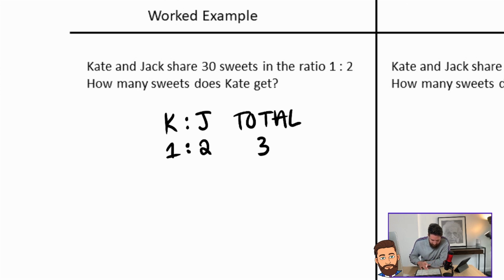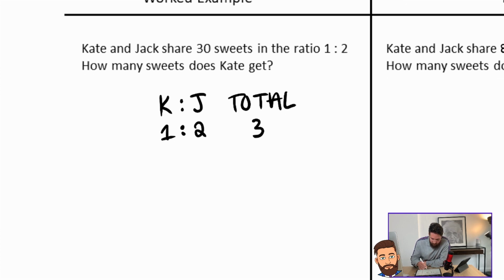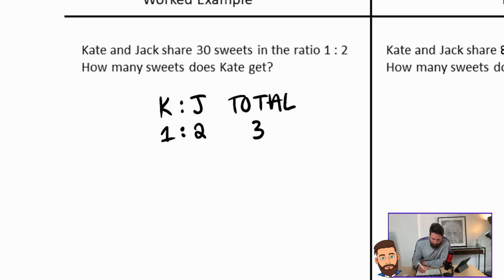What happens now is you need to read the question and decide where 30 sweets go, because they're sharing 30 sweets. Now, if they're sharing 30 sweets, that's not how many sweets Kate gets. It's not how many sweets Jack gets. It's the total, it's how much they are sharing. Okay, so I can write underneath my total 30.